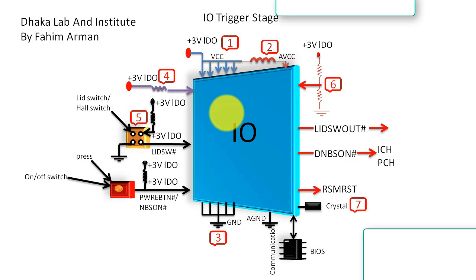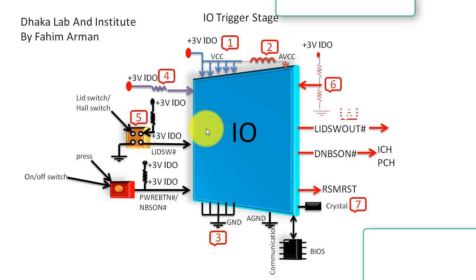And then the seventh is crystal frequency, that is very important for IO. After having the frequency, the IO will pass the other signals, voltages, okay, out.